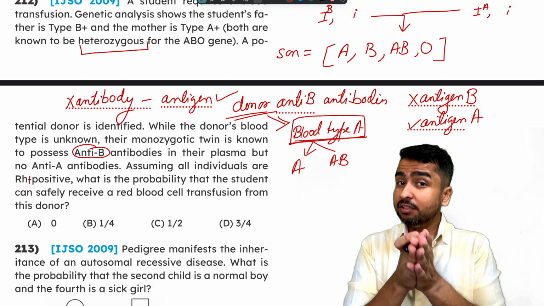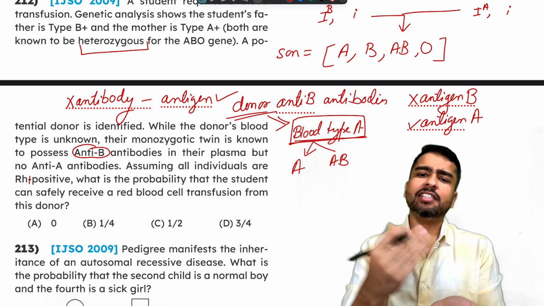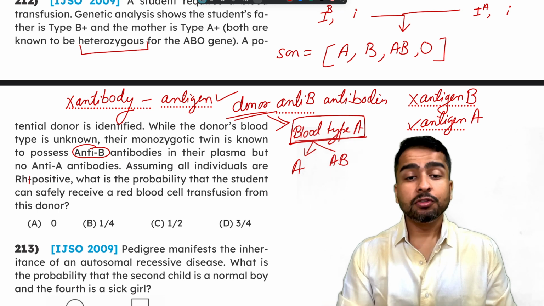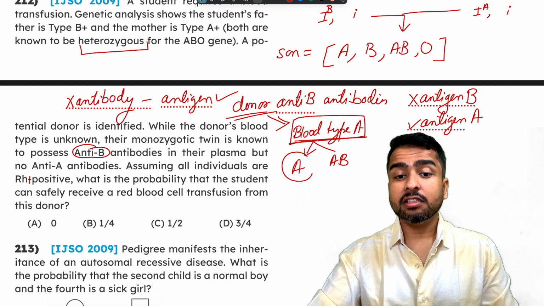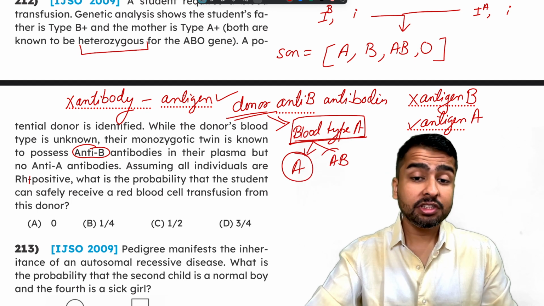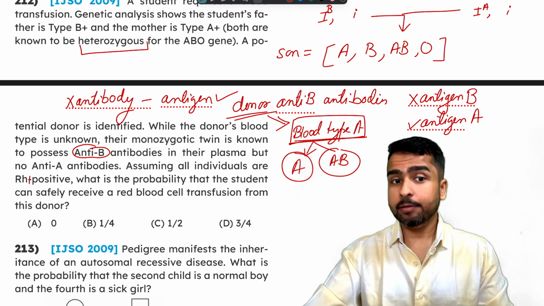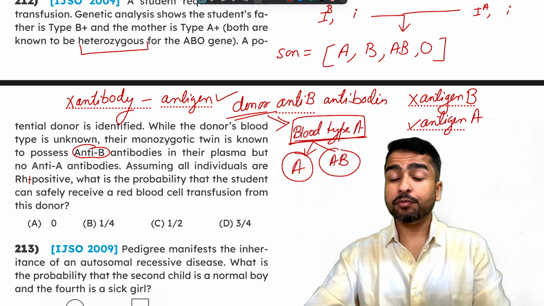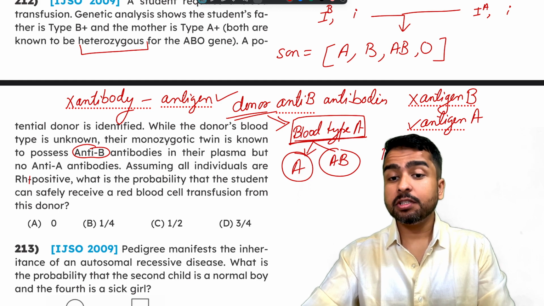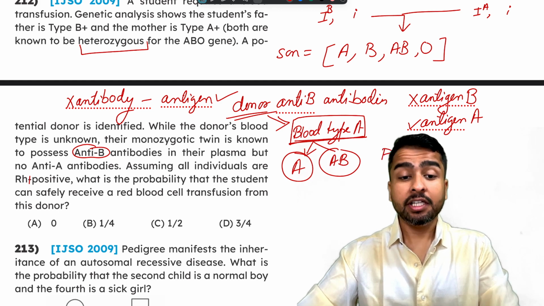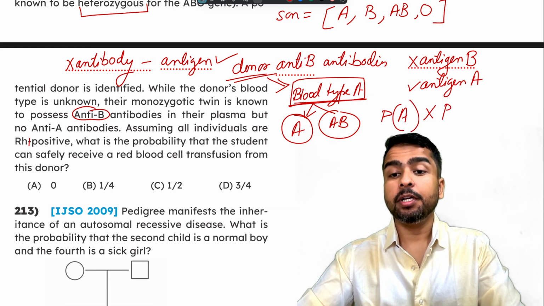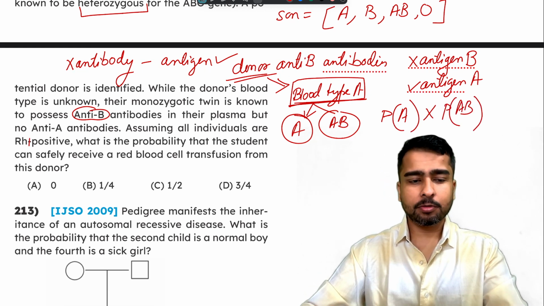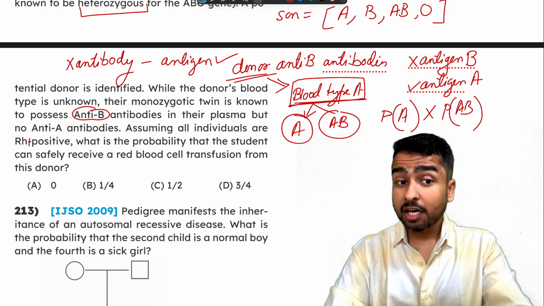AB is a universal recipient, and A can definitely take it from A. So we want to understand the probability that the receiver, the person who needs the blood, is A or AB. This is what we want to find.